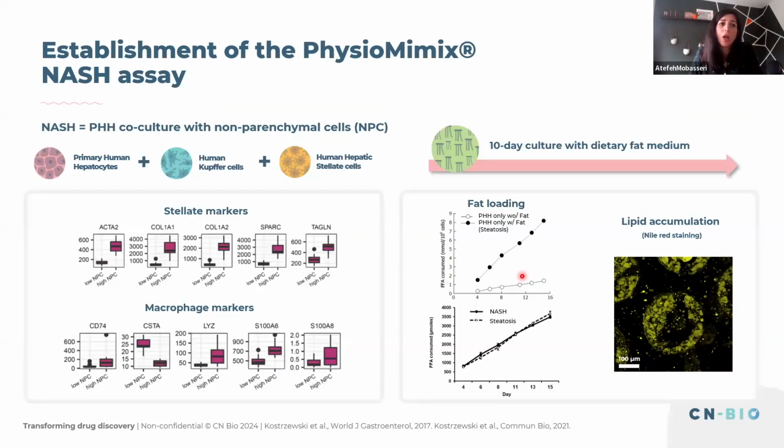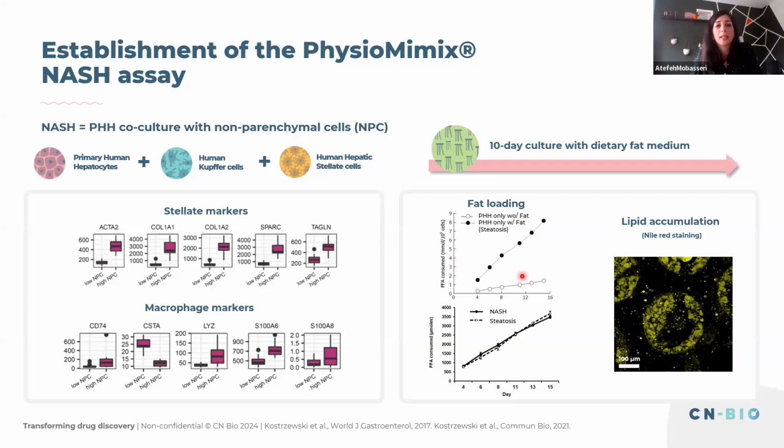So for the NASH, we co-culture hepatocytes the same way that I showed in the last slide with Kupffer cells and stellate cells. We change the media, and then during a 10-day culture, we can look at the NASH phenotype and the characteristics of the NASH disease, which firstly is the lipid accumulation.